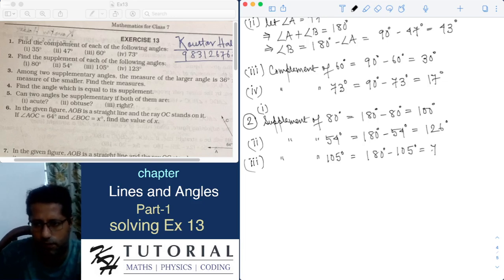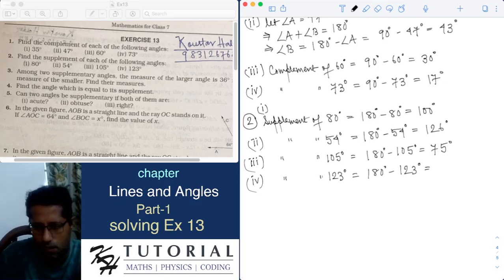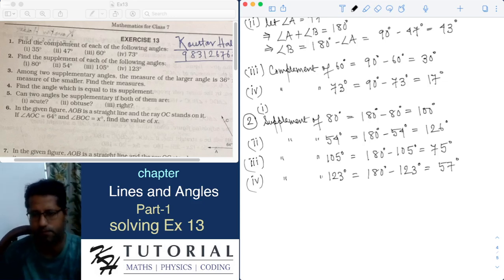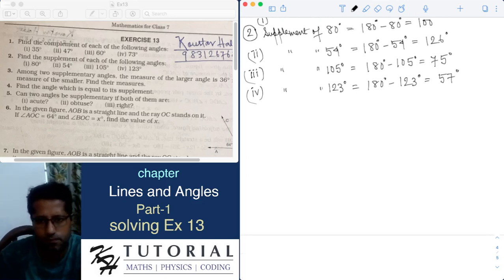This is 75 degree. And part 4, supplement of 123 degree is equal to 180 degree minus 123 degree. This is 57 degree. Okay. Let's do question number 3.